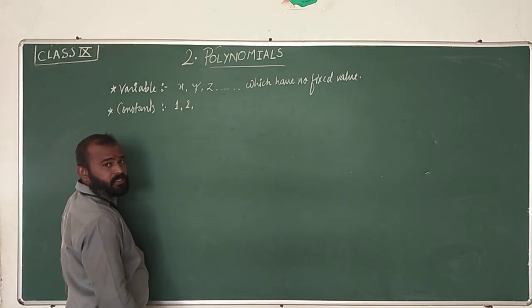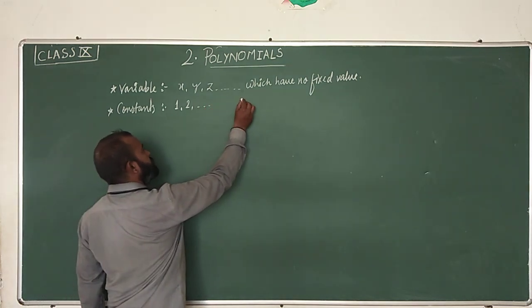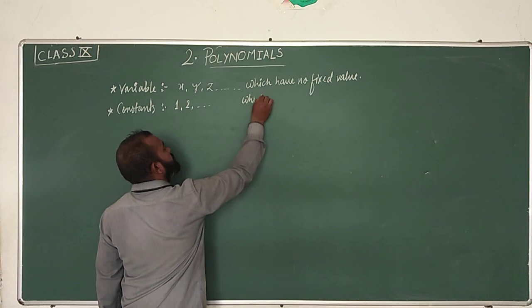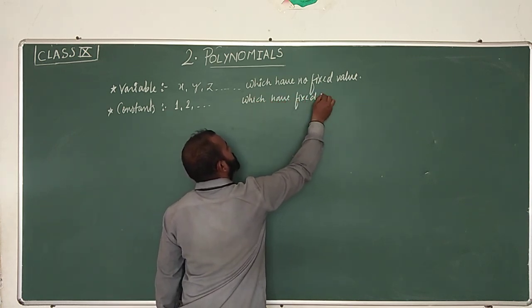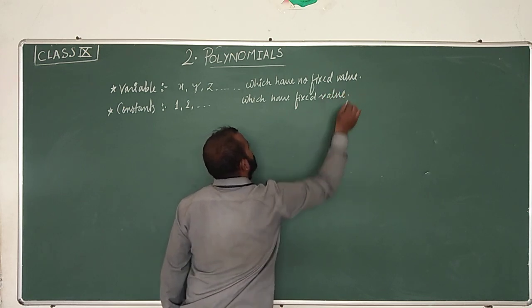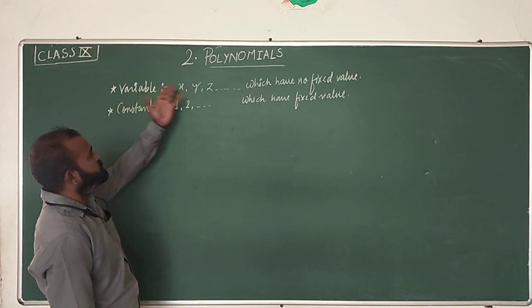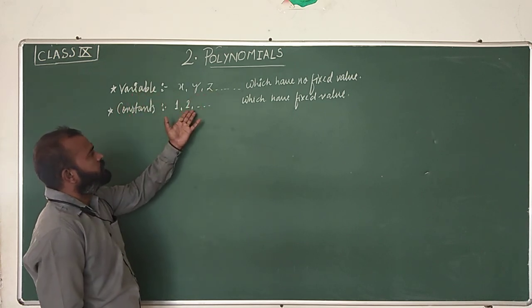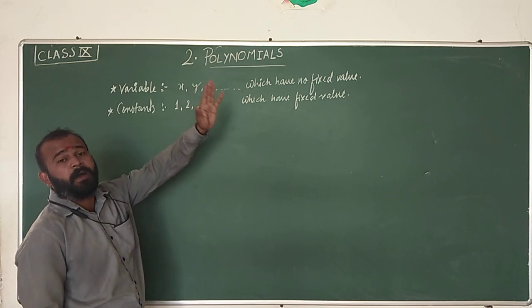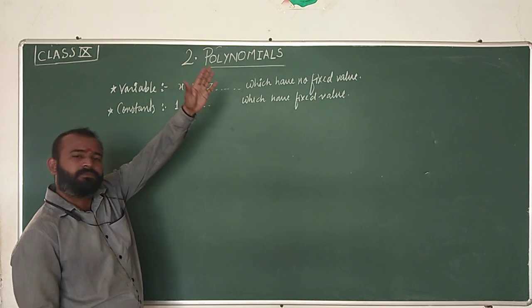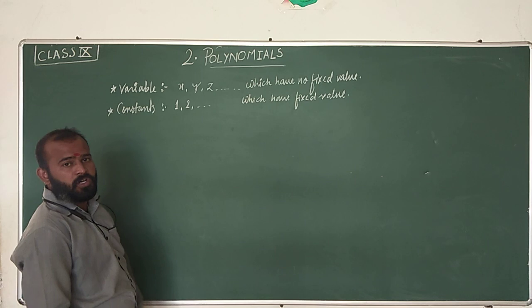If we change the number, then everything is going to change. So those which have a fixed value are called constants. These are variables, which have no fixed value. Constants have a fixed value, for example 1, 2, 3 and so on. Pi, you can say, will come in future. So these are variables and these are constants.